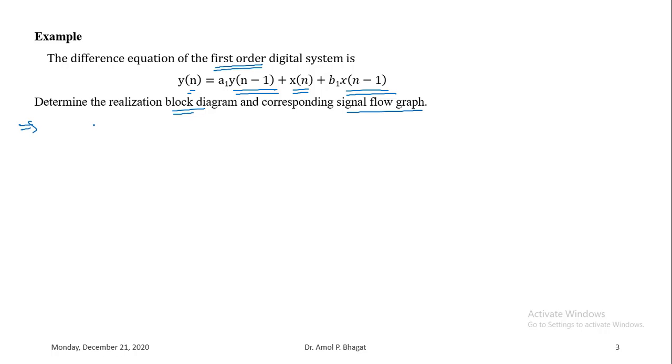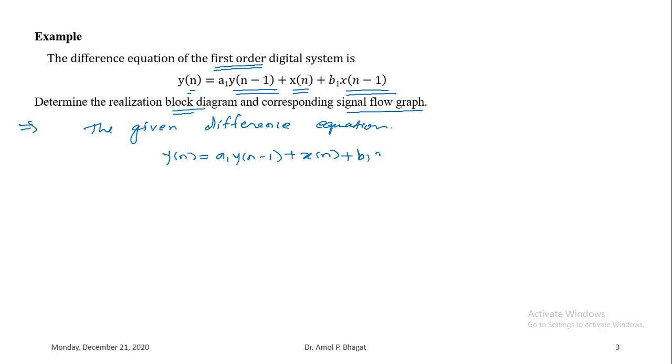So the given difference equation is y of n equals a1 y of n minus 1 plus x of n plus b1 x of n minus 1.